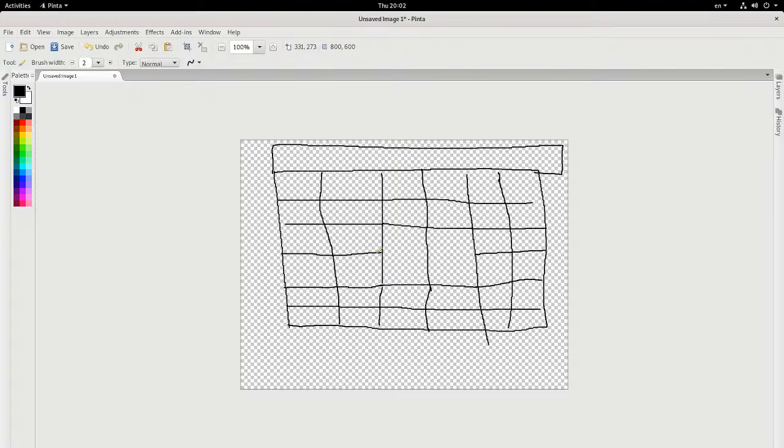Okay, if I change it to red, we have here, going down.